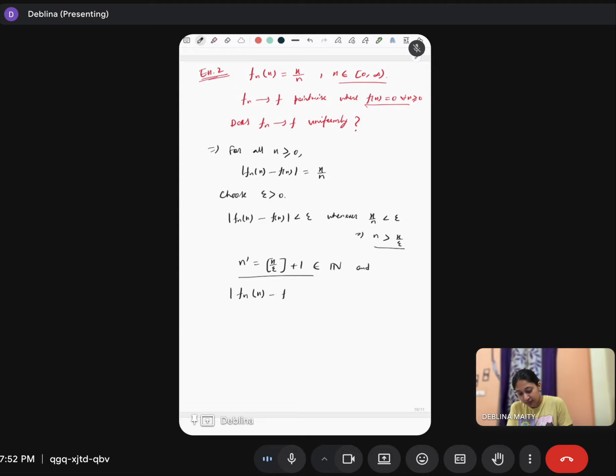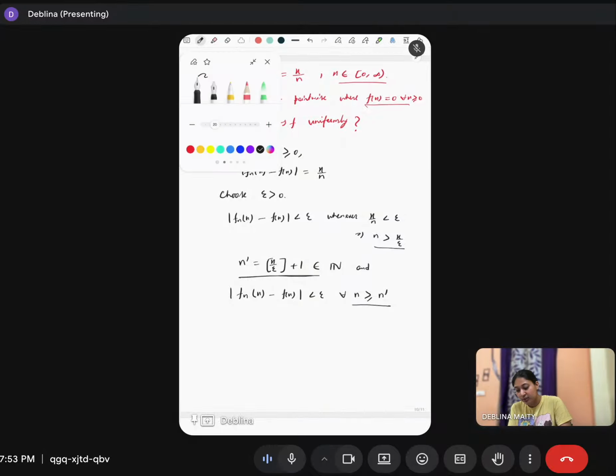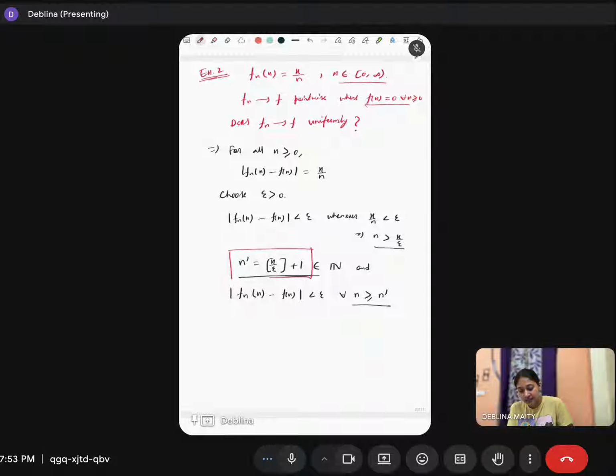So fn(x) minus f(x) is less than epsilon for all n greater or equal to this n dash, right? Now we clearly see that here also this n dash depends upon the point x, right? There is x here, x is the point, so this number n dash also depends upon x.